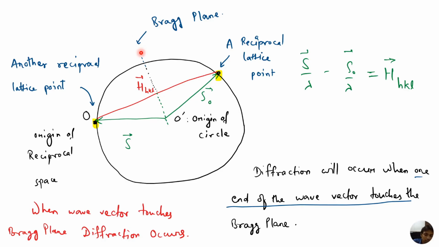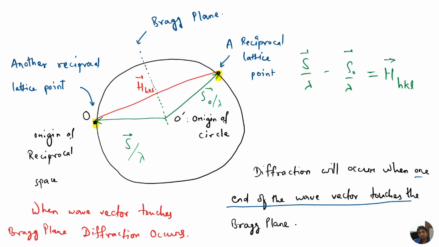Now you see, in the Ewald construction, we had a sphere corresponding to this S vector. Actually this is S by lambda and S naught by lambda. We are probing in this direction, and here we have a reciprocal lattice point.